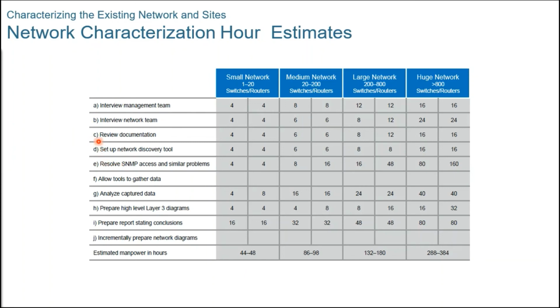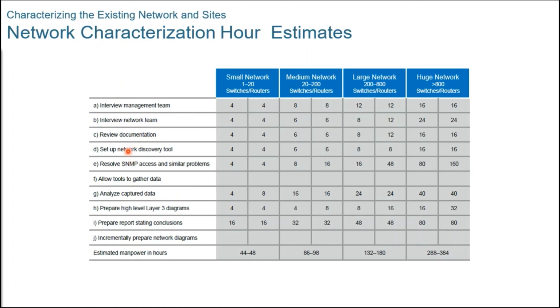So the steps in this diagram here: interviewing the management team to gather the goals and constraints, interviewing the network team to gather goals, constraints, documentations, and diagrams. You also have reviewing the documentations and diagrams and clarifying items with the site team.